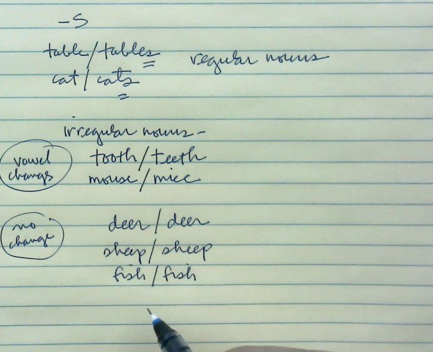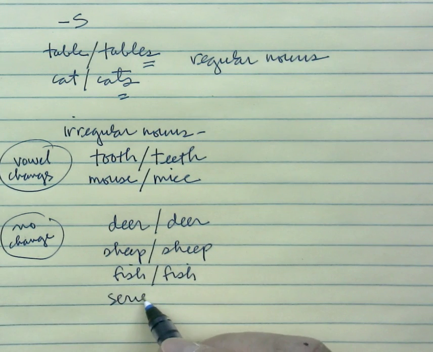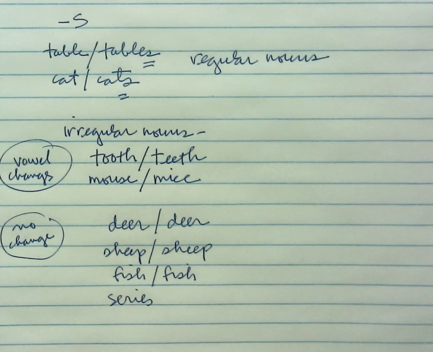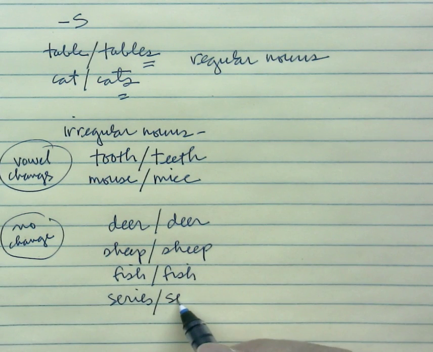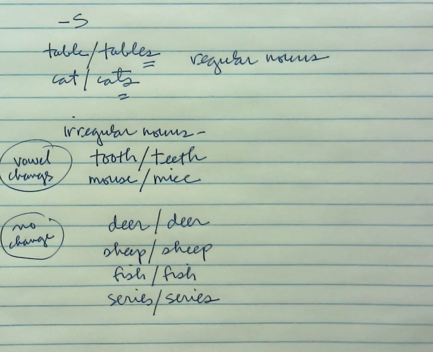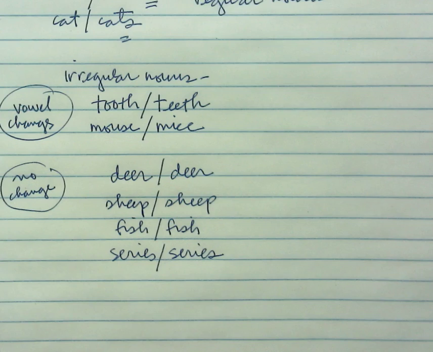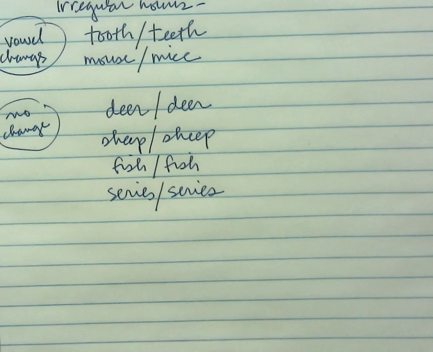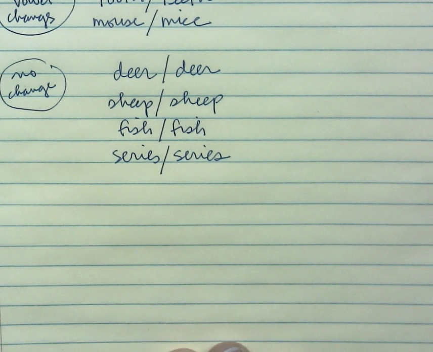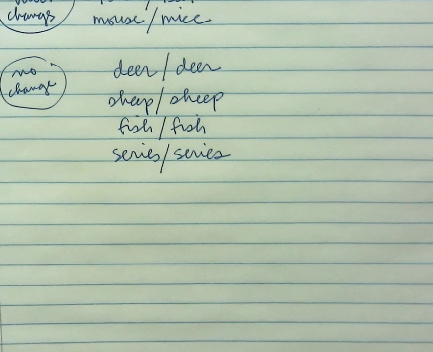Here's a good one: 1 series, 3 series. So some nouns don't make any changes between the singular and the plural forms. And again, that's why they're irregular.